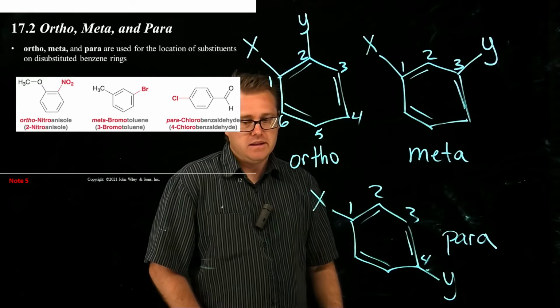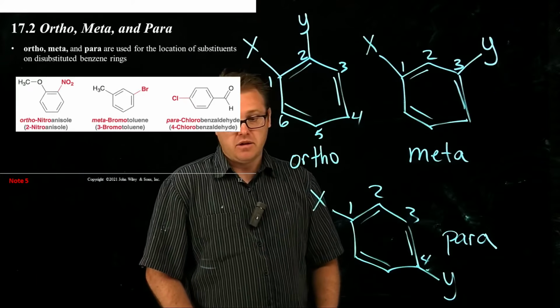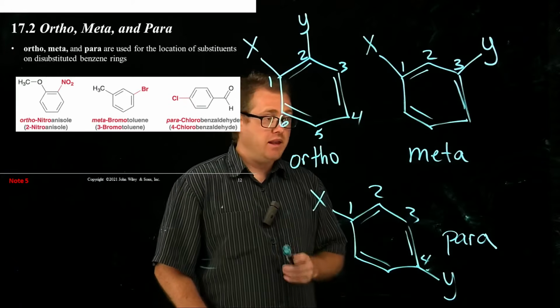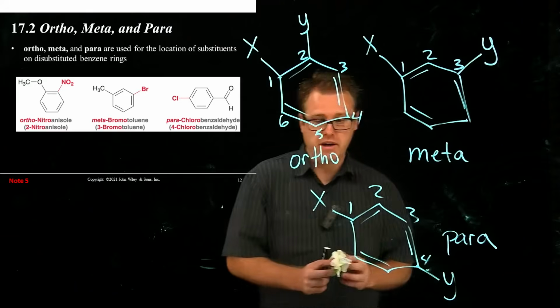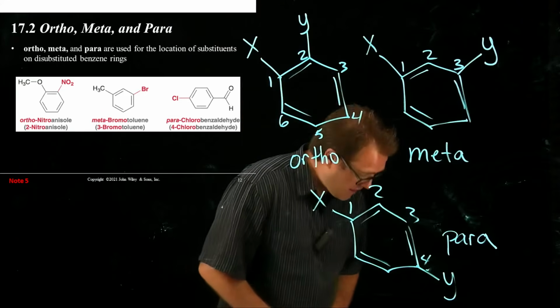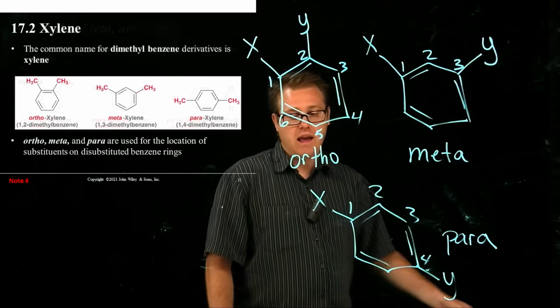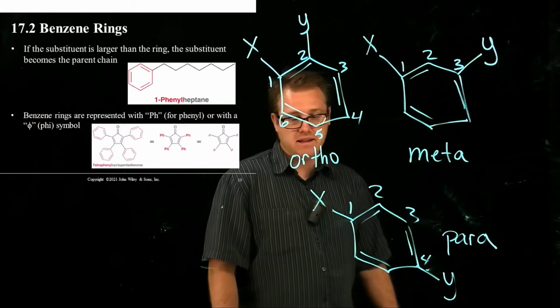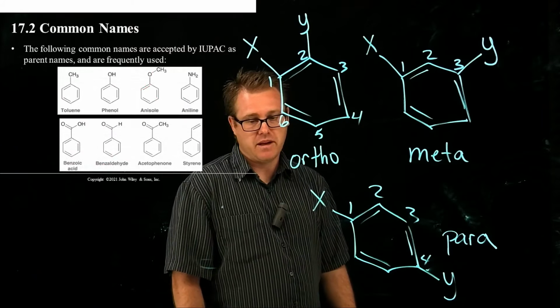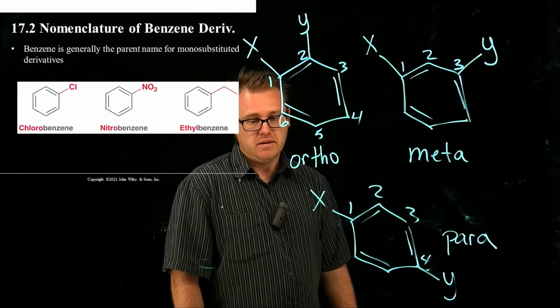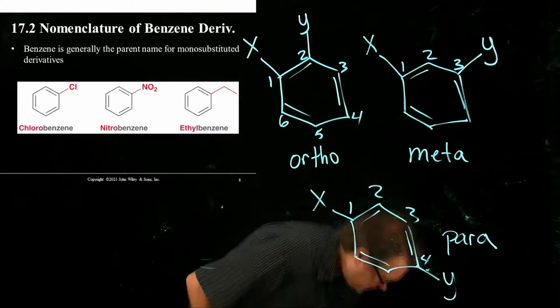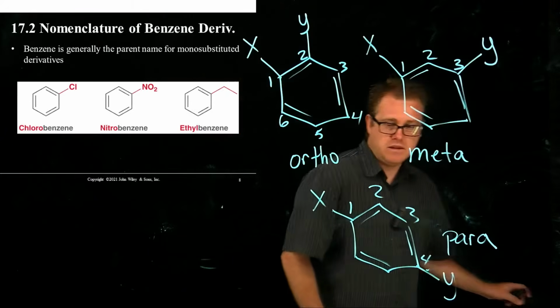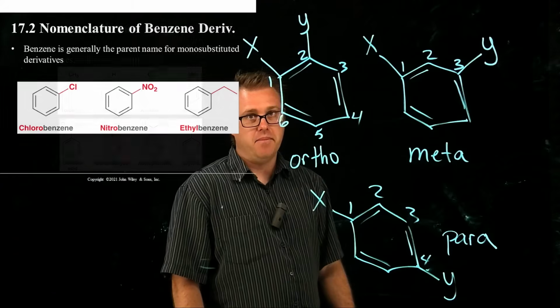Okay? Now, one thing to notice about these molecules on your screen, do you see how they don't have the name benzene in them? When we come over here, remember those? That has benzene as the parent name.